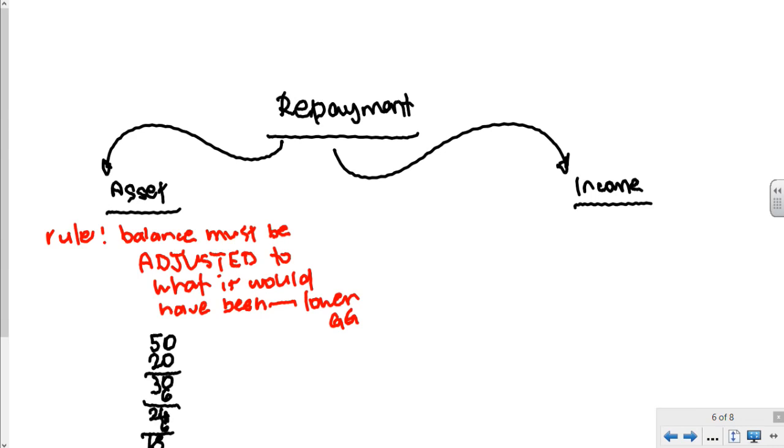Okay, so let's assume that we had bought an asset, PPE of 50. There was a government grant of 20, which left me with a carrying amount of 30. I depreciated, and then I had a balance at beginning of the year of 24, and I depreciated again, and I had a balance at end of year of 18. Yeah? Okay.